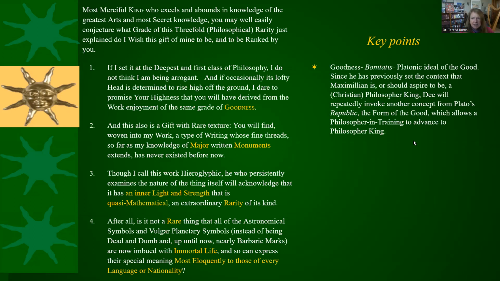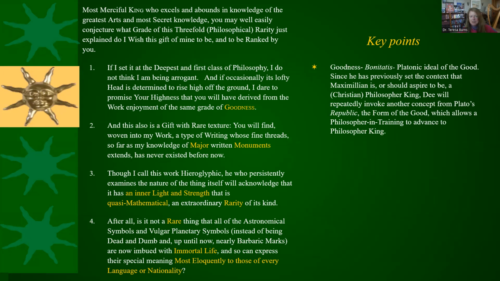That's the Platonic idea of the good. Since he has previously set the context that Maximilian is or should aspire to be the Christian philosopher king, the king inspired by spirit, Dee is repeatedly going to invoke this concept from the Republic, the form of the good, because that's what allows the philosopher in training to advance to be a philosopher king by his Pythagorean Y.